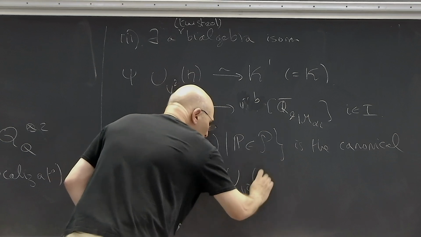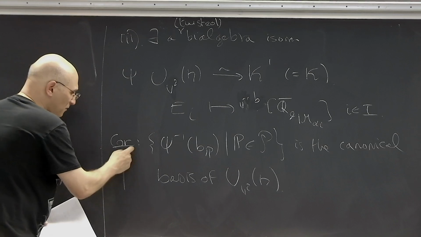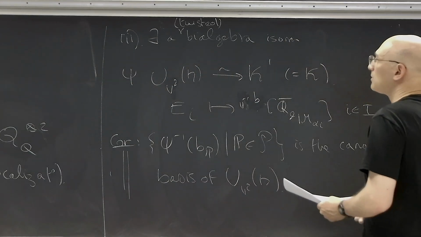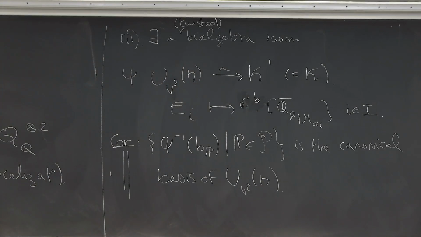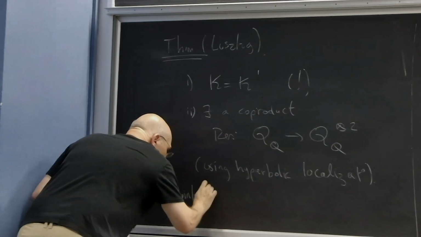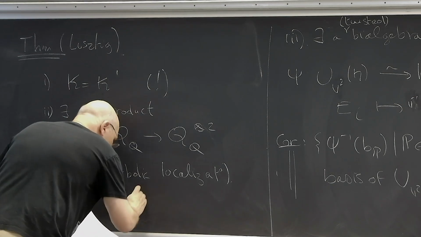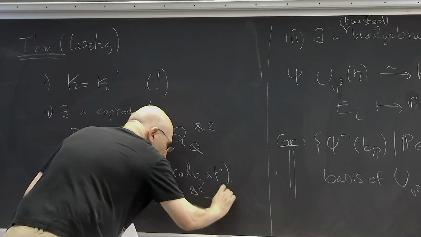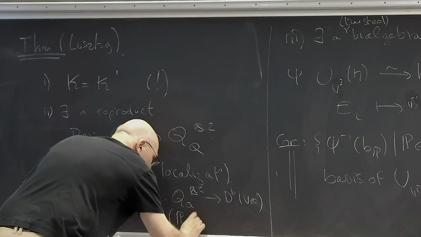of uv square n. Okay, and this canonical basis has some beautiful properties, but I'm not going to talk about it. And by the way, I forgot to say, but there is a coproduct plus a pairing, adjoint to int with respect to a pairing, which is kind of a standard pairing PQ.